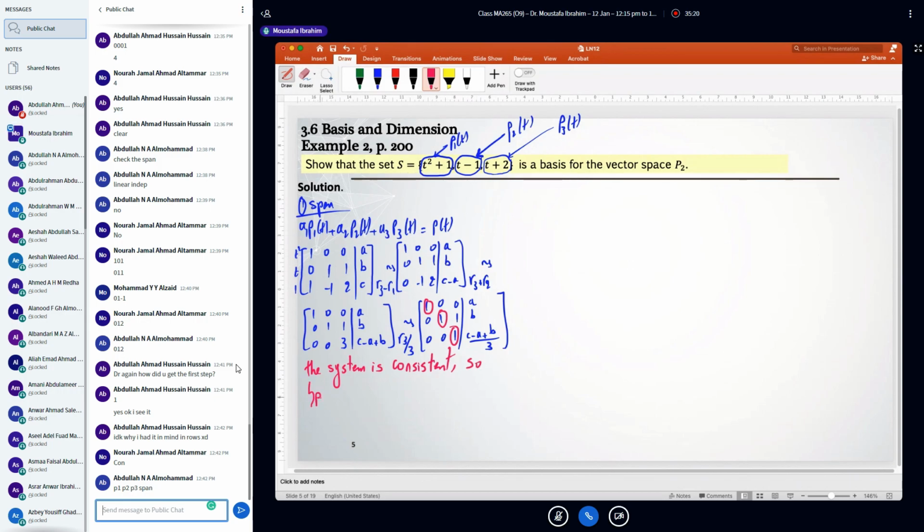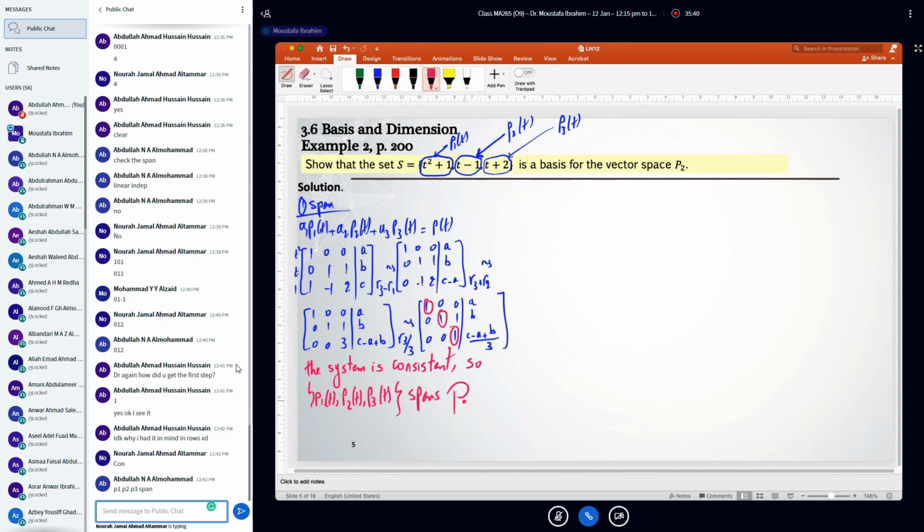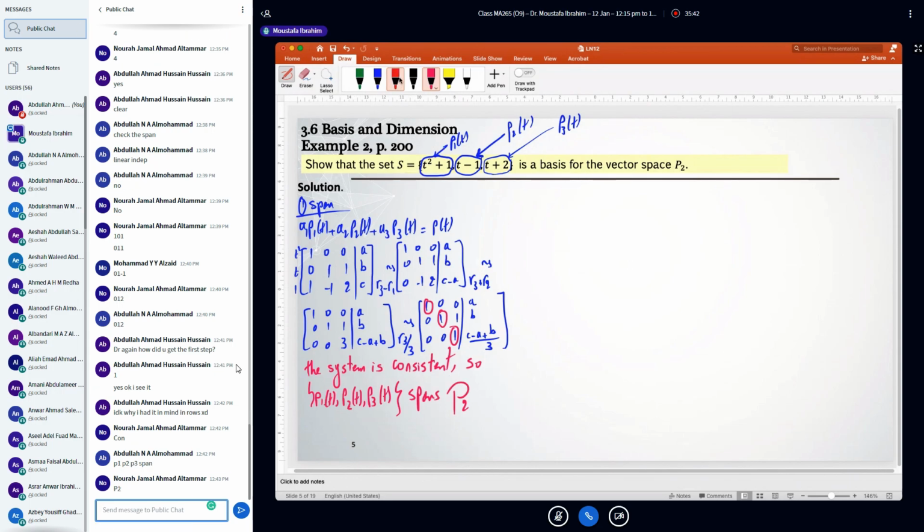Very good. Because here we have P2, we have to say P1 of t, P2 of t, P3 of t. The set spans P2. So it's fine for now. Let's check if it's linearly independent.